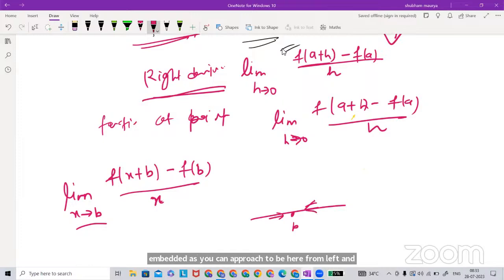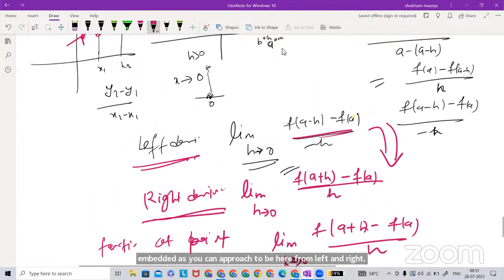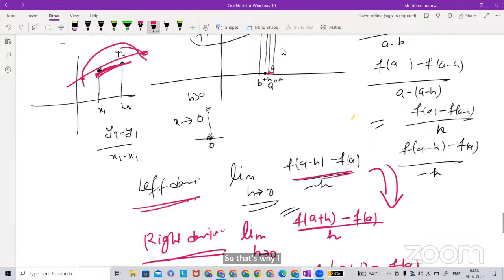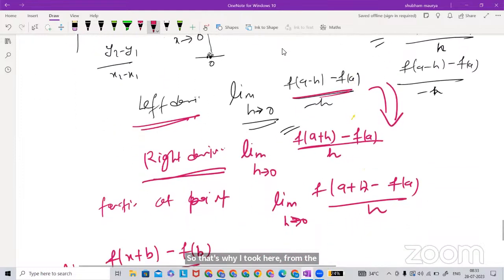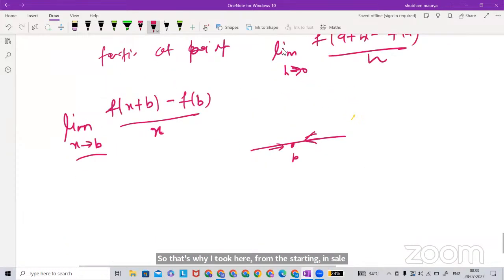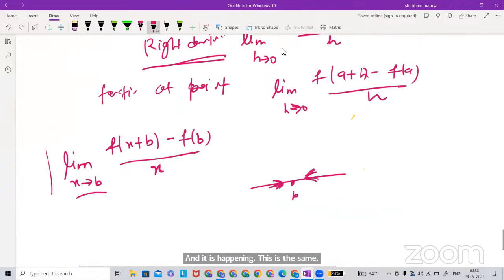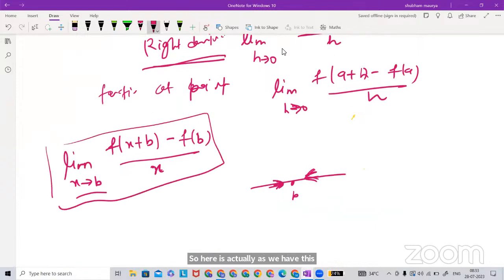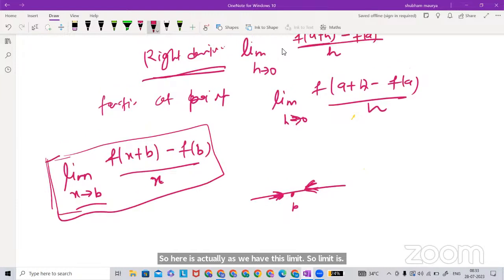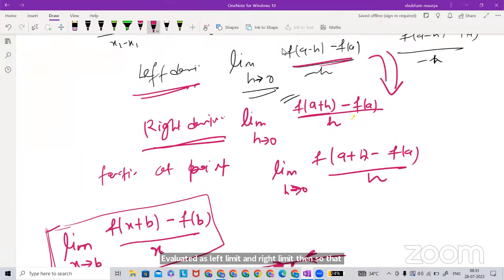That's why I took the left derivative and right derivative from the start. The limit is evaluated as a left limit and right limit, so the left limit is the left derivative and the right limit is the right derivative.